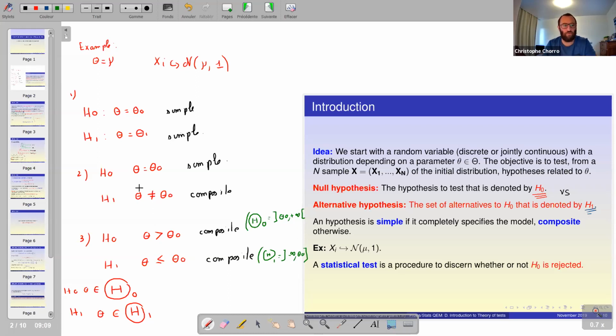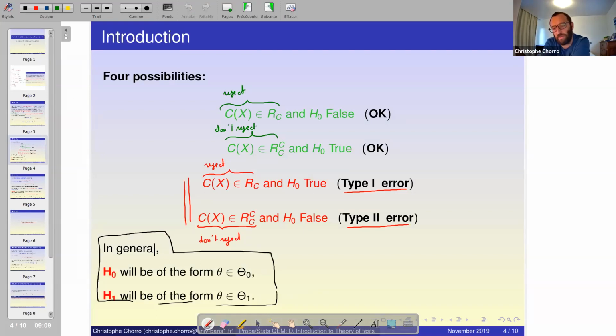So from now on, my null hypothesis and my alternative hypothesis, H0 and H1, will be of this form. It means that I will test whether theta belongs to a set theta 0, versus theta belongs to another set theta 1, with the fact that these two are disjoint.